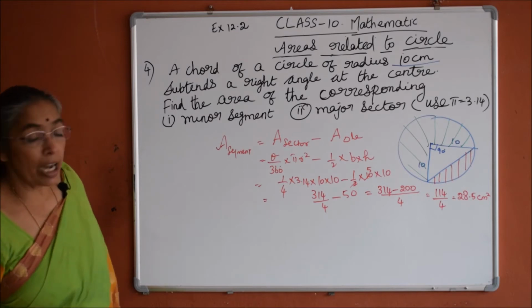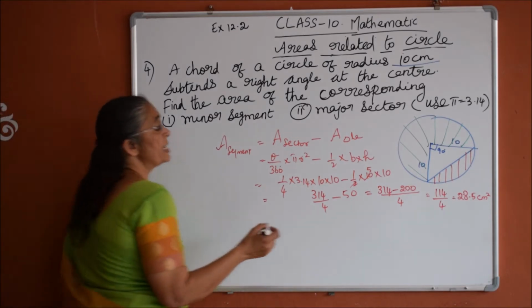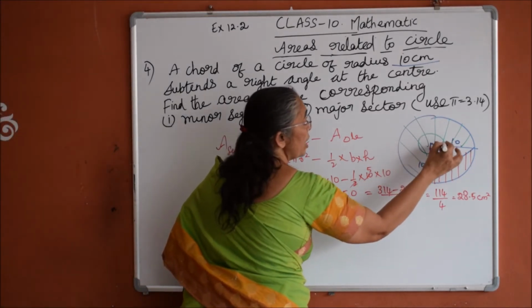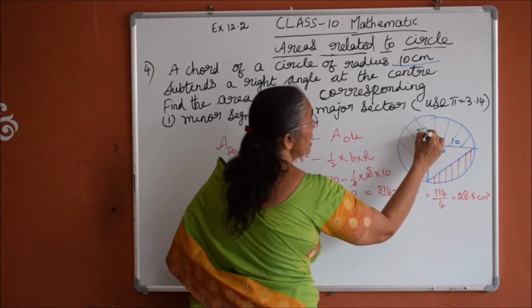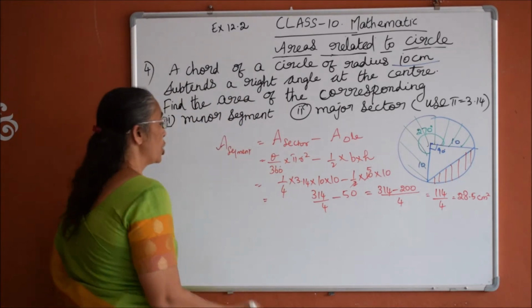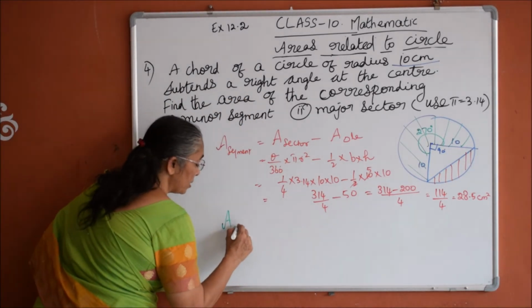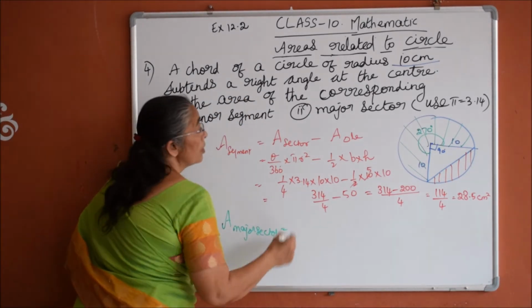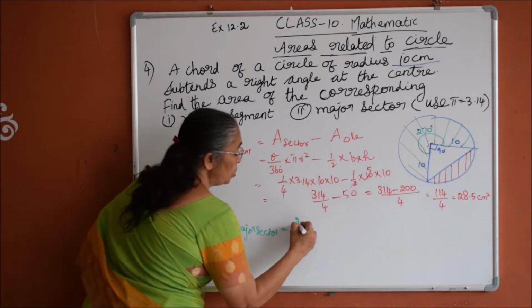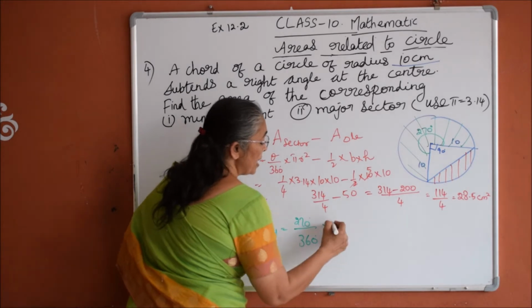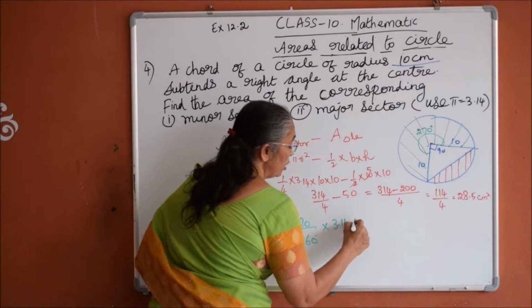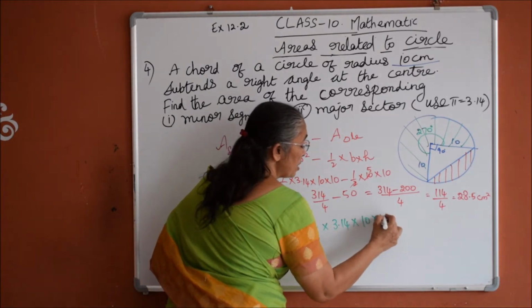Now, next we have to find the area of the major sector. So, this area you want. For the major sector, the angle is 270 degrees at the center. So, the area of the major sector is 270 degrees by 360 into pi r square, pi is 3.14, radius square is 10 times 10.